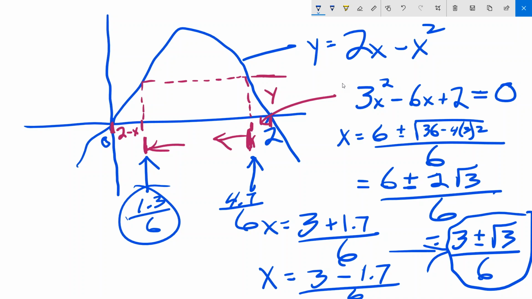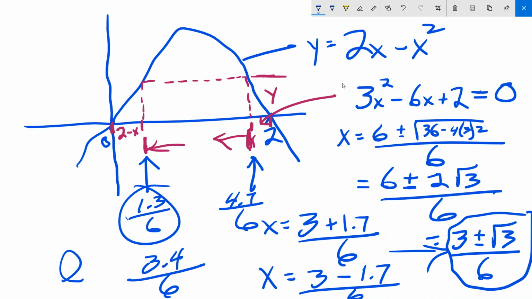I don't think. Maybe we do, actually. Let's see. What is x? So we subtract the first x and the second. So we end up with what? There's our base.